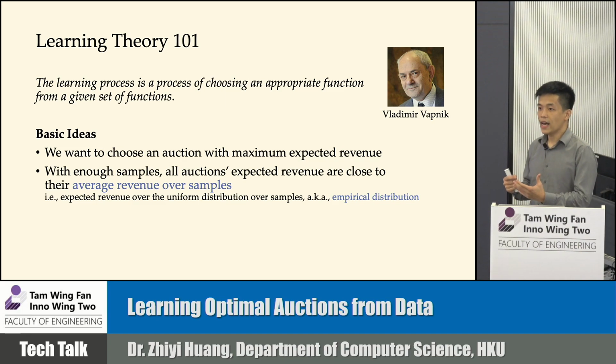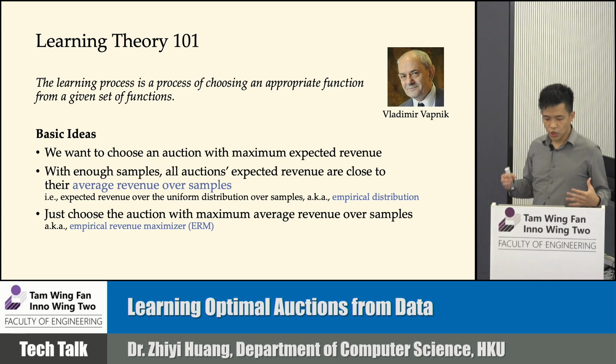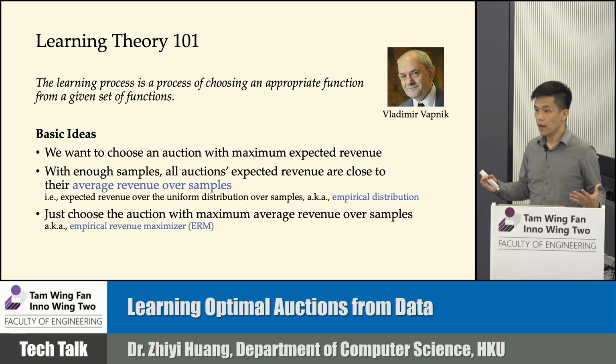When I say average revenue over the samples, I'm basically saying the expected revenue over the uniform distribution over the samples, and that distribution is called the empirical distribution. Now, if that's true, then we can just choose the auction with the maximum average revenue over the samples, and that's called the empirical revenue maximizer, and we'll be done.